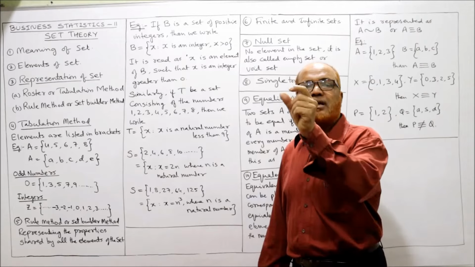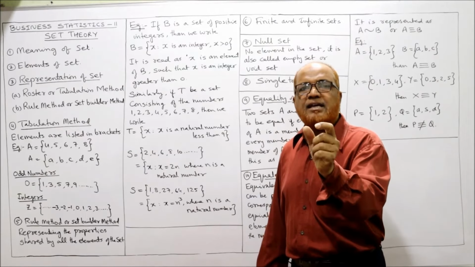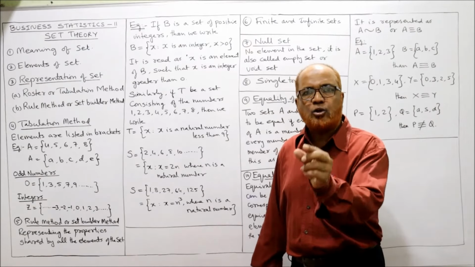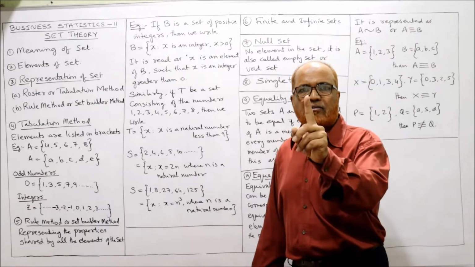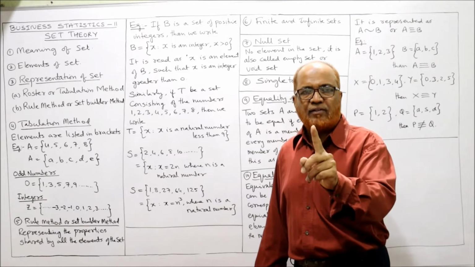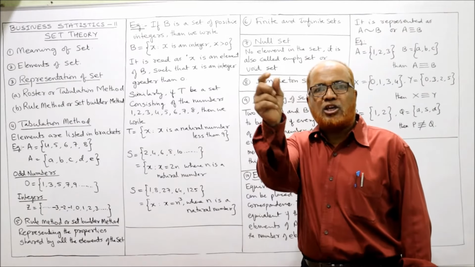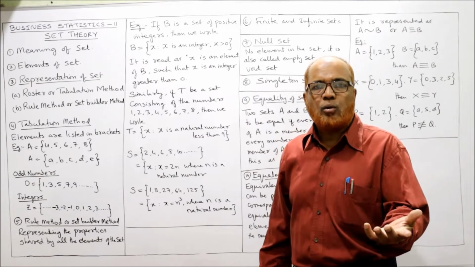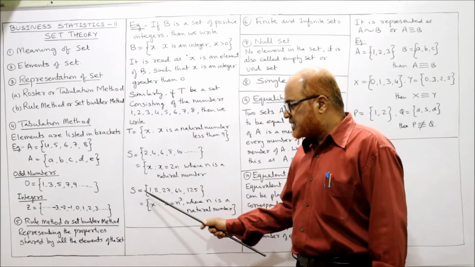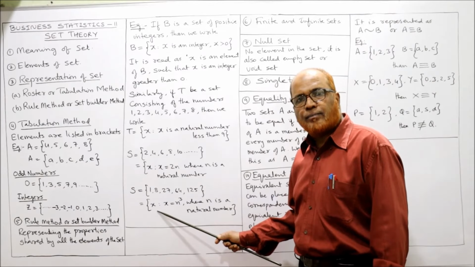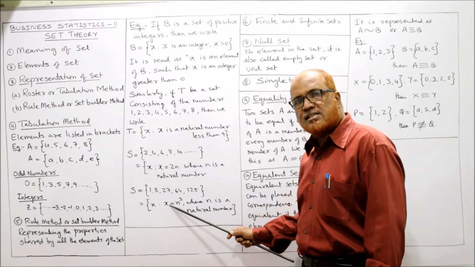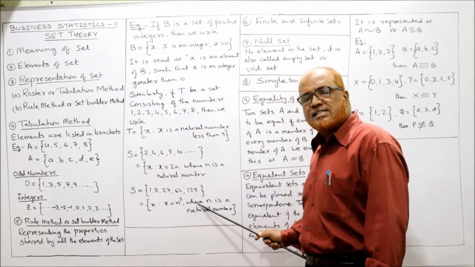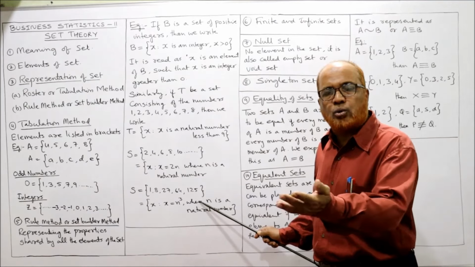The natural number is n, and n is raised to the power of 3, where n we will take as natural numbers: 1 cube, 2 cube, 3 cube, 4 cube, 5 cube. So we can make a rule. What is that rule? X is an element of S such that X is equal to n cube, where n is a natural number 1, 2, 3, 4.